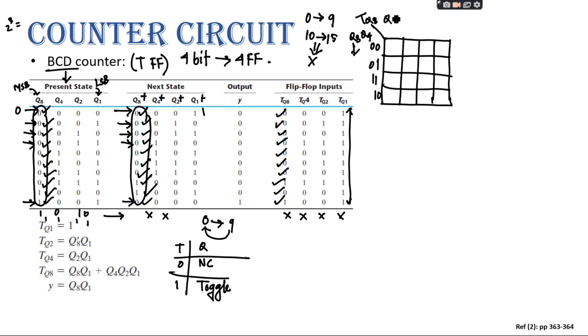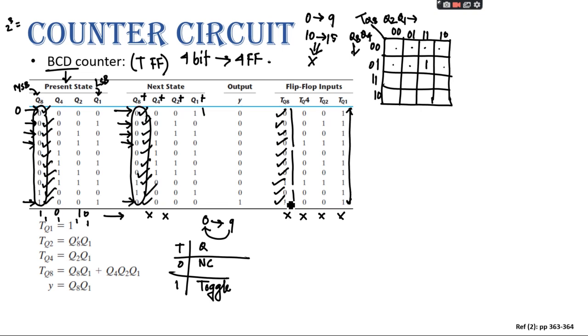And then here it should be Q2, Q1 along this side, again 0, 0, 0, 1, 1, 1, 1, 0. So as you can see, the first 4 bits should be 0, right?